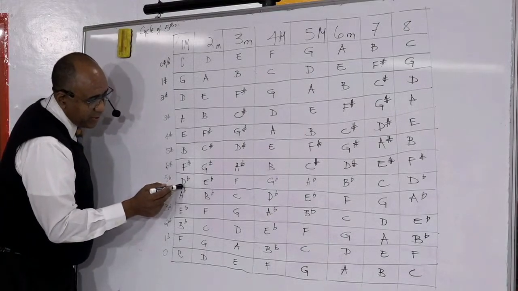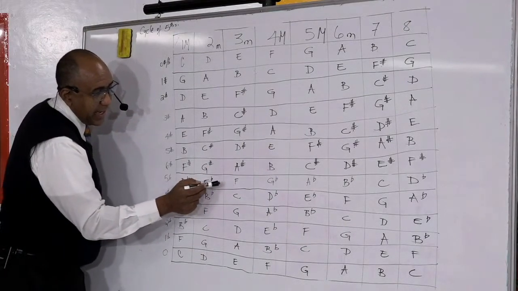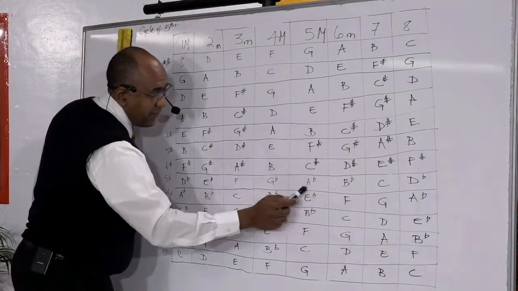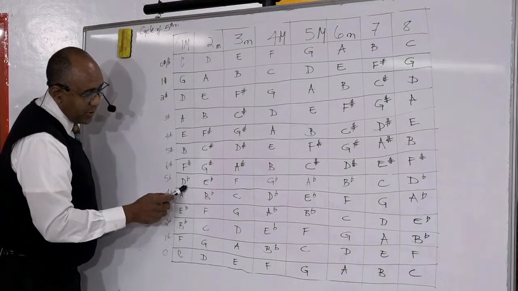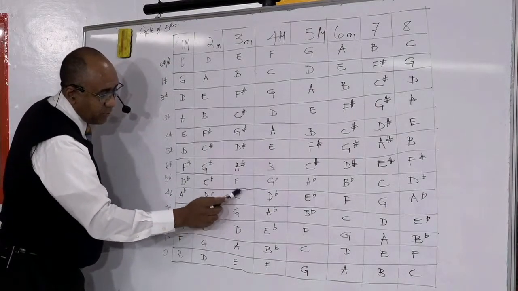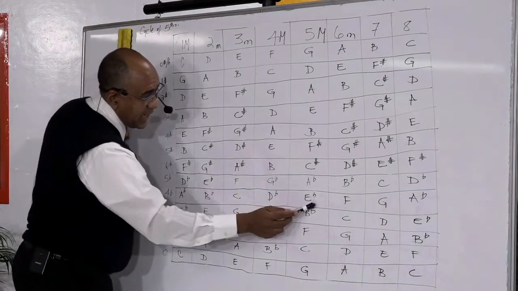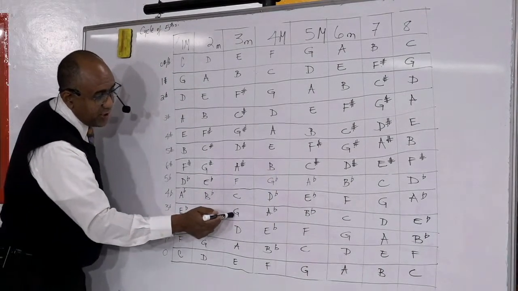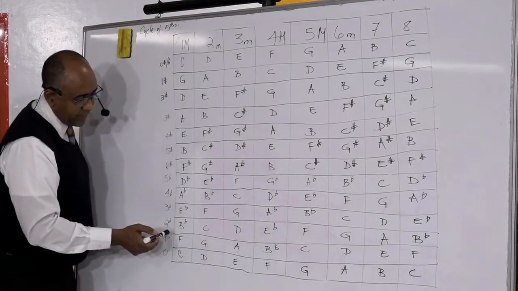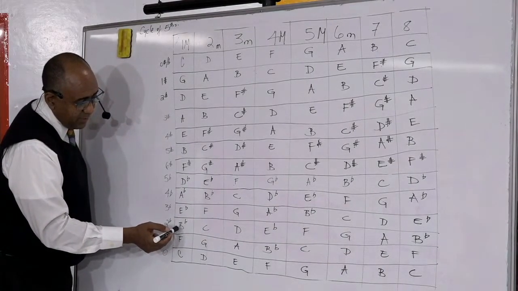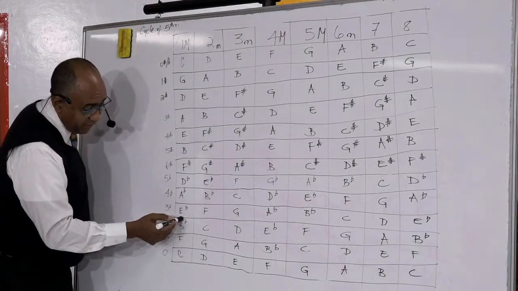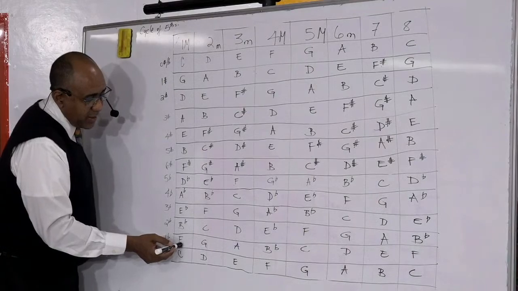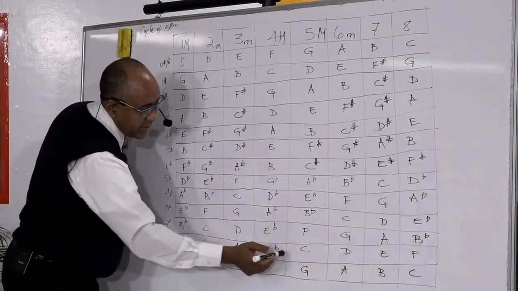In D flat now, we have D flat, F flat, which is the same note as E, and A flat. A flat, it will be A flat, C flat, which is the same thing as B, and E flat. E flat will be E flat, G flat, B flat. B flat minor will be B flat, D flat, and F. For F minor, it will be F, A flat, and C.